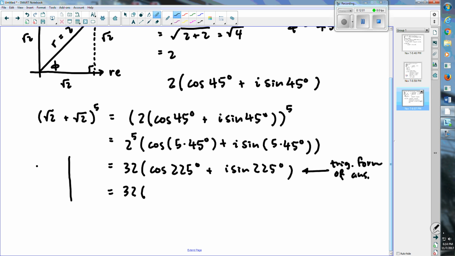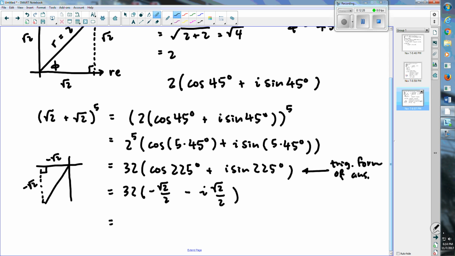We can draw a 225 degree angle here, and there's the reference angle, the reference triangle. So this side will be negative root 2, and we know that this would be negative root 2 over 2 for the cosine. And then we have minus I times root 2 over 2.